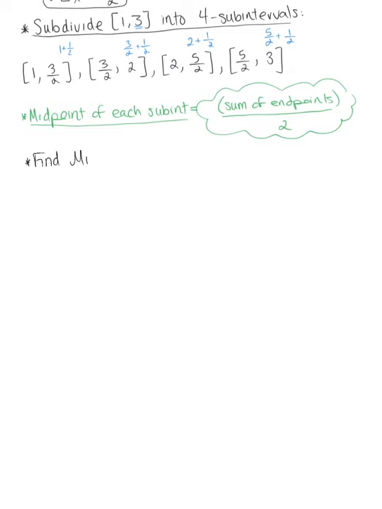So we want to find the midpoints. In our first subinterval, from 1 to 3/2, we need that first midpoint. It's going to be 1 plus 3/2 divided by 2.